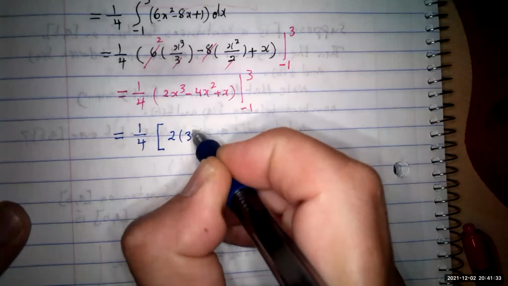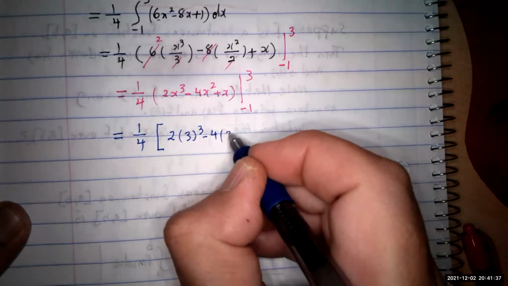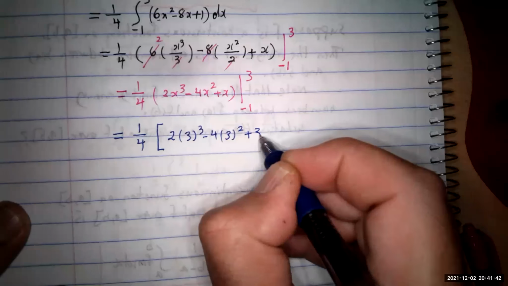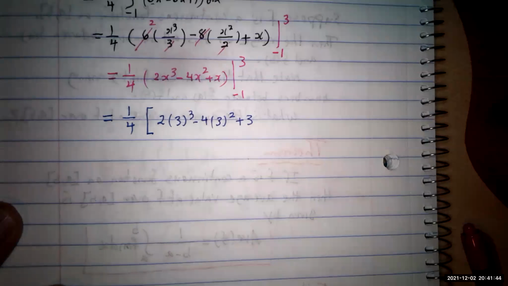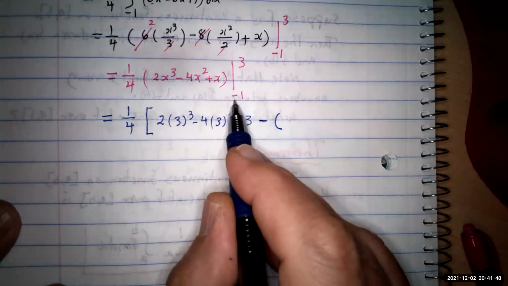3 cubed, minus 4 times x squared, 3 squared. Okay, plus x, which is going to be plus 3, minus, open up the parentheses and do the -1.